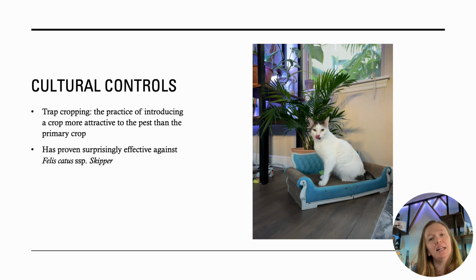It's very appealing, those fronds and the fringes of the palm. He really wants to chew on them with all of his 4 teeth. He tends to think that he's getting away with it while he munches on this perfectly harmless cat palm. Meanwhile, he leaves all of the rest of your houseplants alone. So it's a very effective method of trap cropping against this particular Felis catus subspecies.